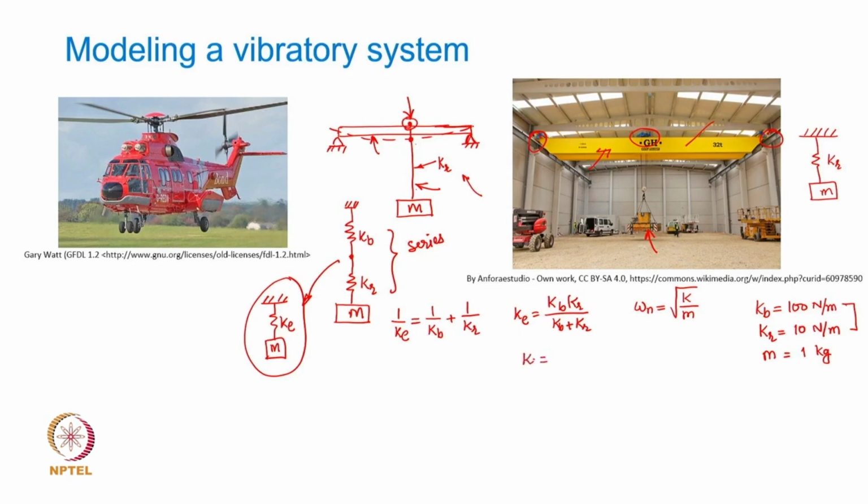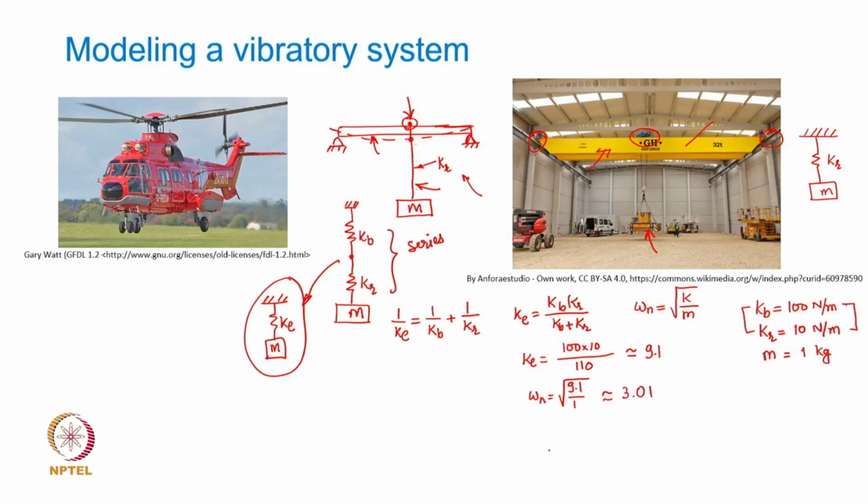Even if you consider such largely differing stiffness values, the effective stiffness is 100 multiplied by 10, divided by 110, which is approximately 9.1. If you find out the natural frequency from this equivalent stiffness, it is going to be the square root of 9.1 divided by 1, approximately 3.0 something.